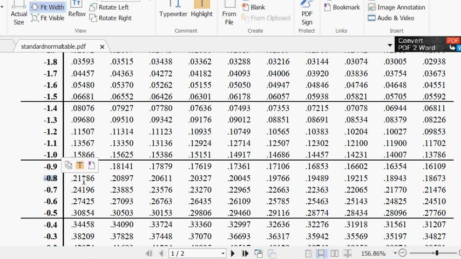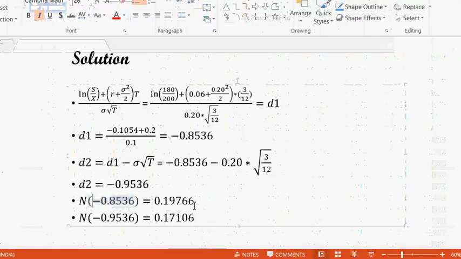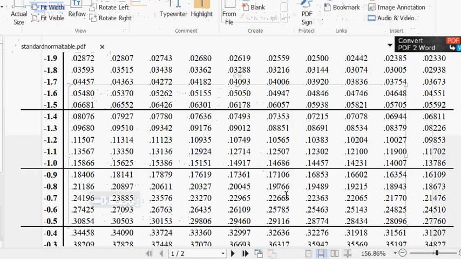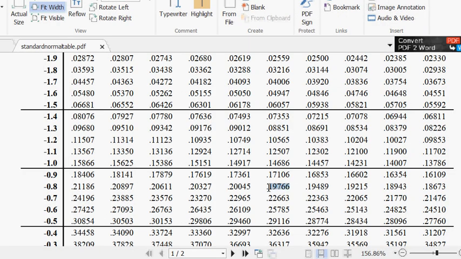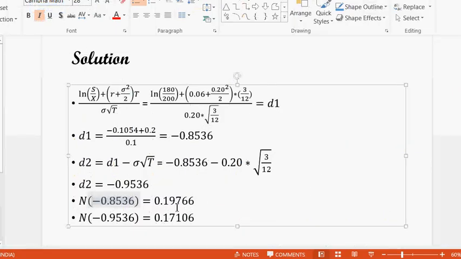So this value is 0.80, this is 0.81, 0.82, 0.83 and 0.84, and this value is what we have for 0.85. So I take this value and substitute it here: 0.1976. That is the value for n of minus d1.